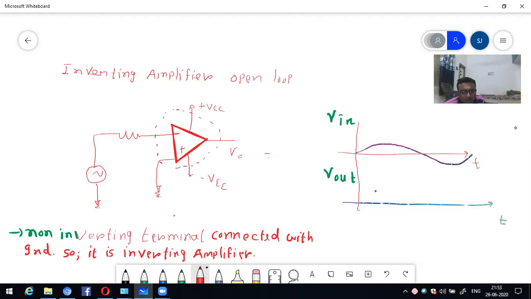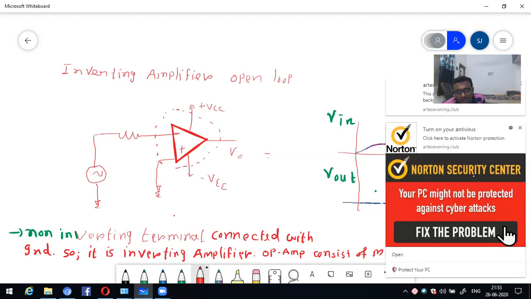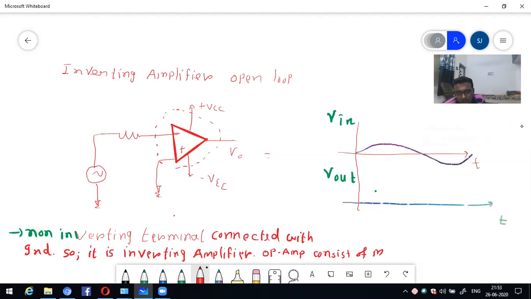An operational amplifier consists of 25 to 26 transistors, often more than 26 transistors.